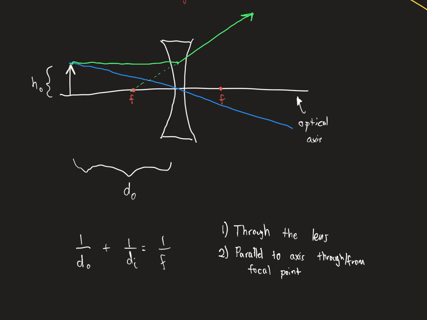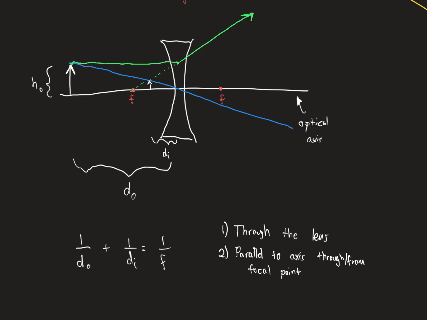Now I see something here. I see green and blue are intersecting each other, aren't they? And the place where those two lines intersect, that's where my image is going to form. That's the image of whatever I'm making. So that will be DI.